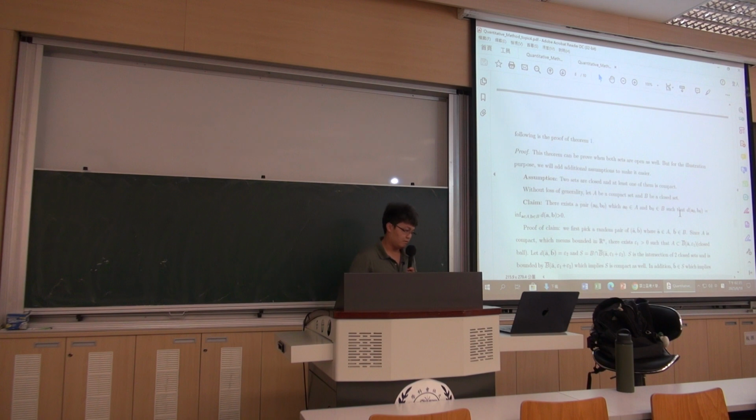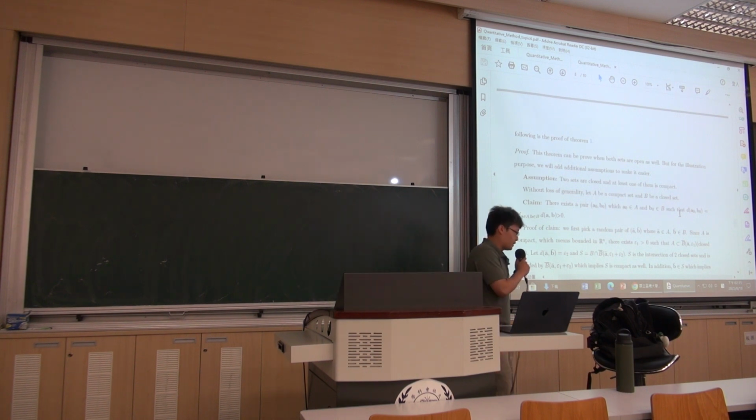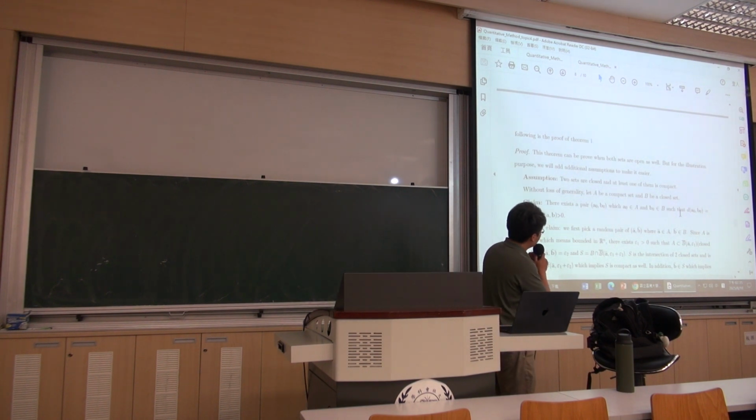Actually, you don't need closedness to prove this theorem, but it is going to make our proof easier. If you are interested, you can Google how to prove it when the two sets are open.